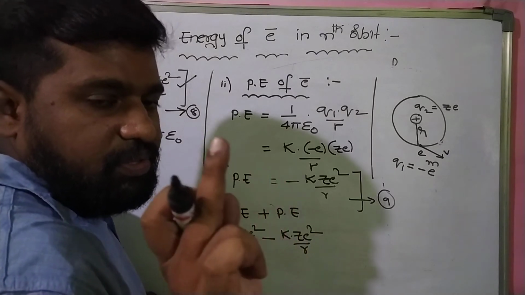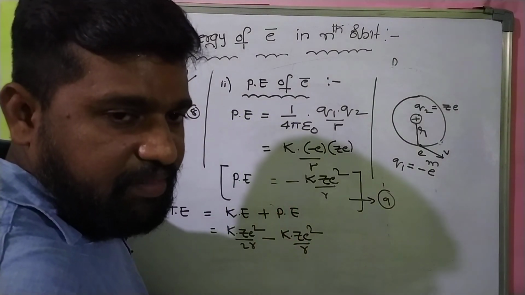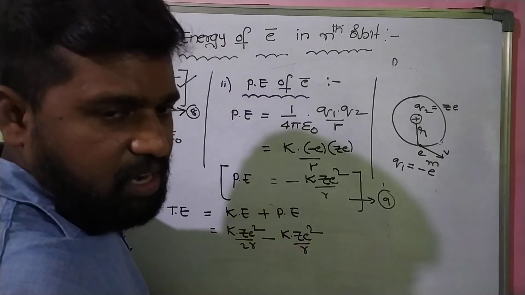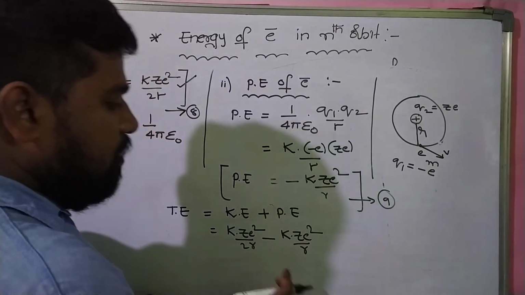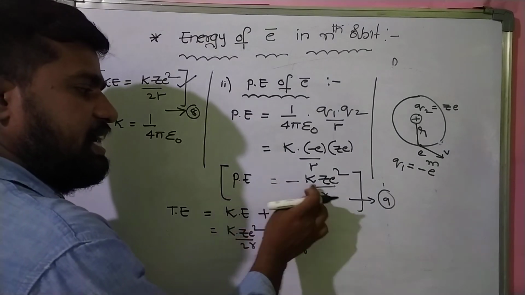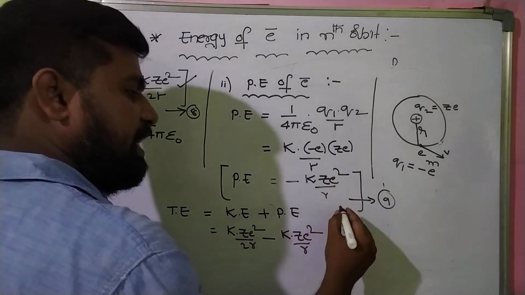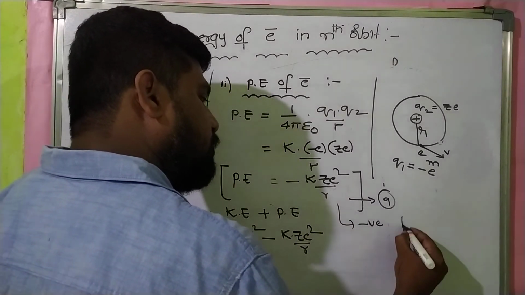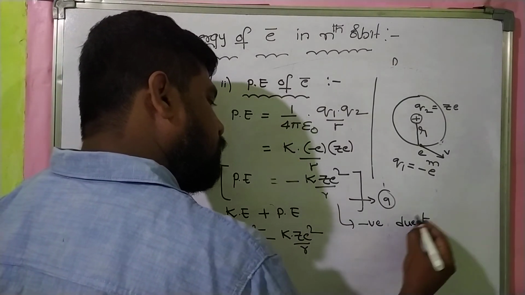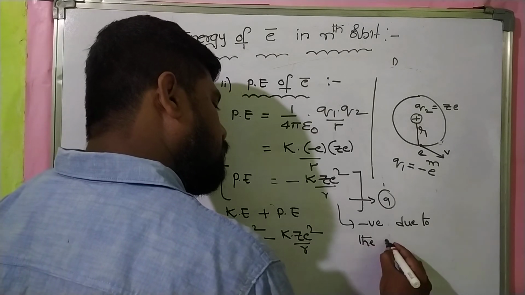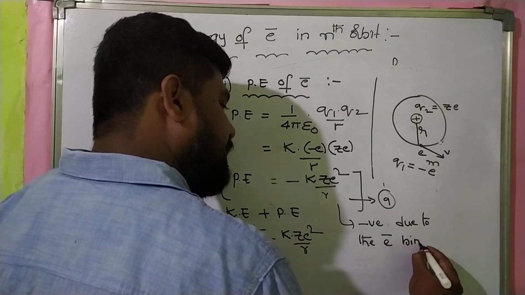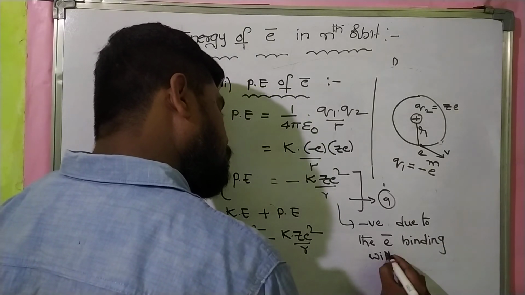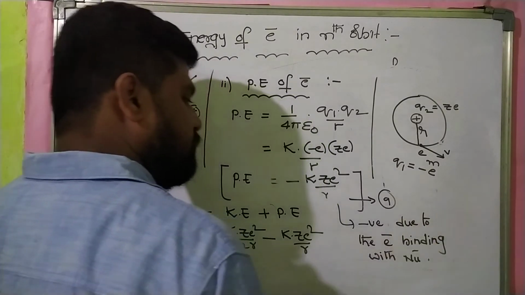Because the electron is bound with the positively charged nucleus, so it is always negative. That is the reason.